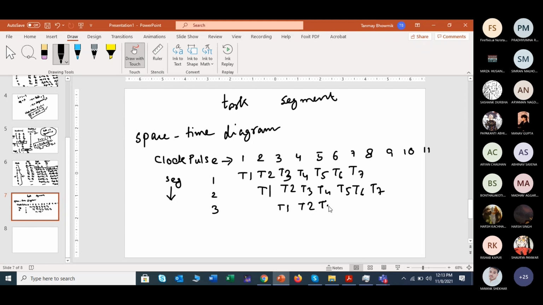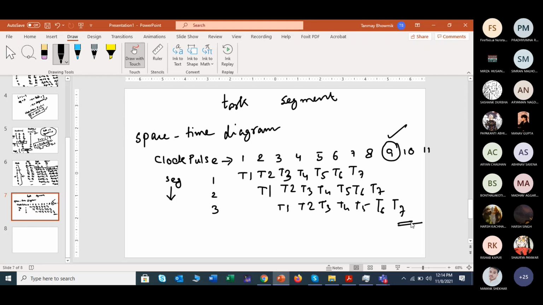Again it will be like this: T3, T4, T5, T6, T7. Which is the required pulse number? 9. That means on the 9th pulse, your task is completed.